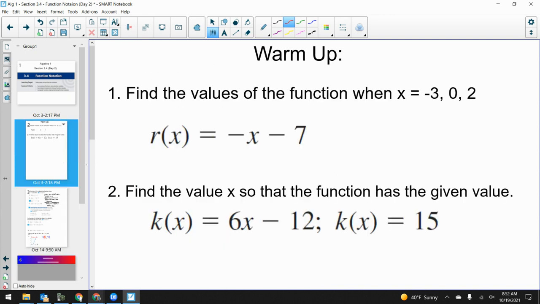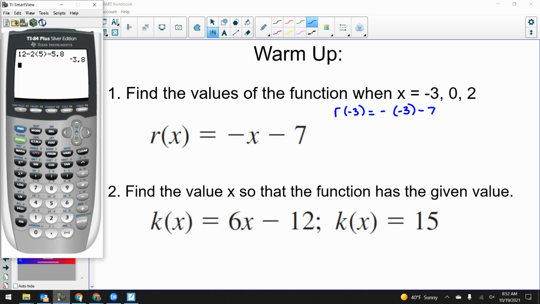Okay, let's go through the warm-up. Find the values of the function when x is -3, 0, and 2. All right, so that means I'm going to find r of -3, which is -3 minus 7. We plug that in our calculator. -3 minus 7, which is -4.